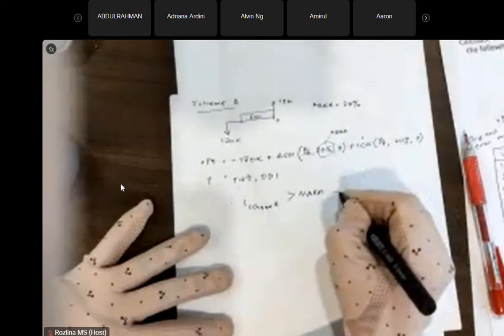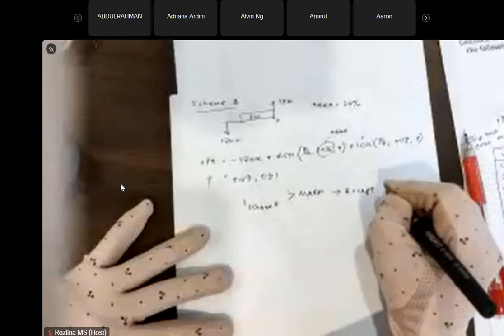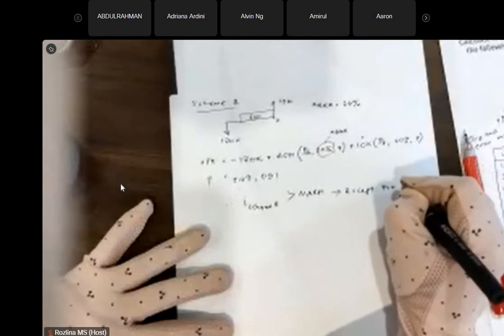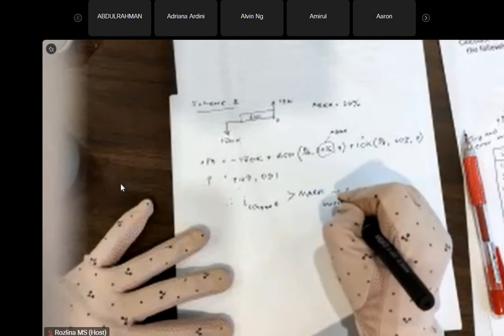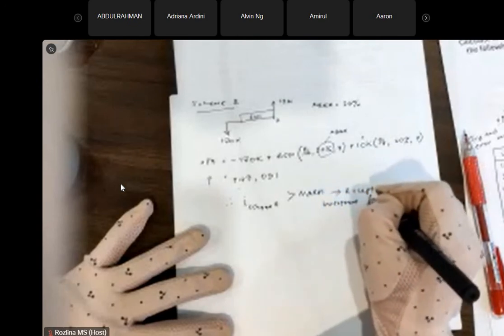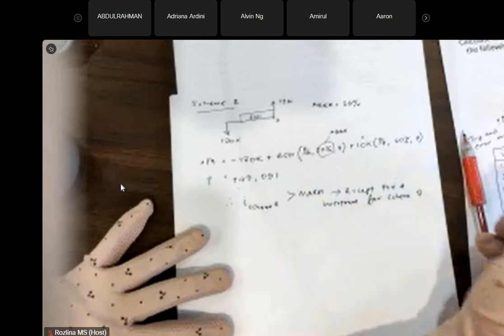So you have to accept the investment for scheme B, because you get profit if you want to invest.